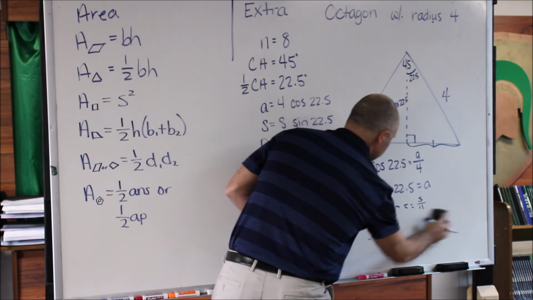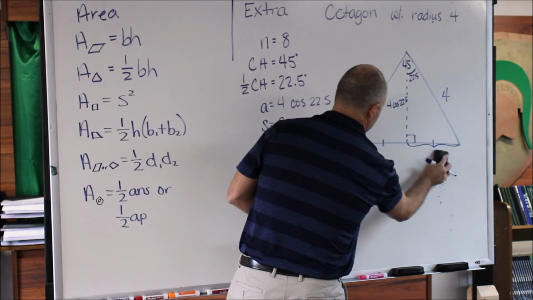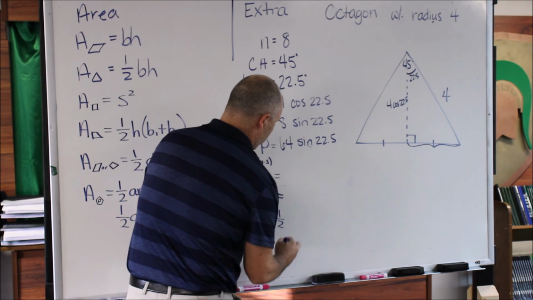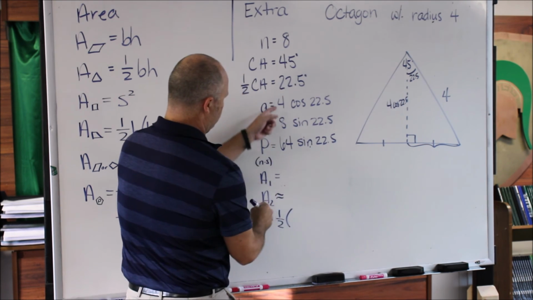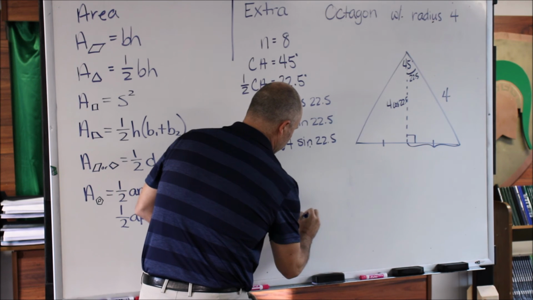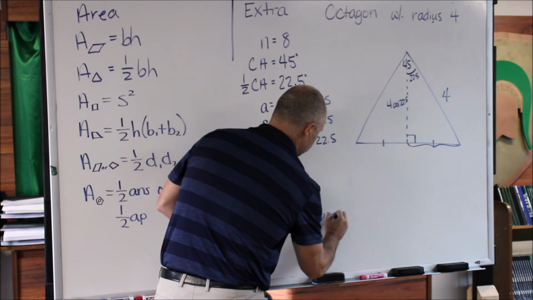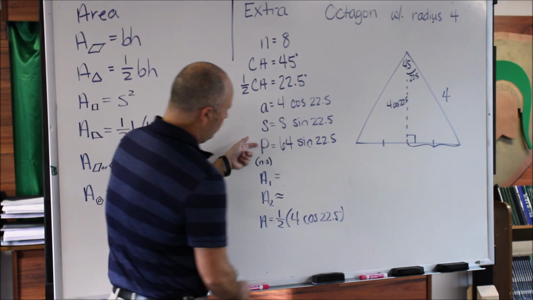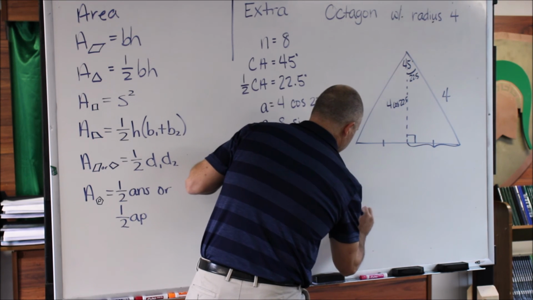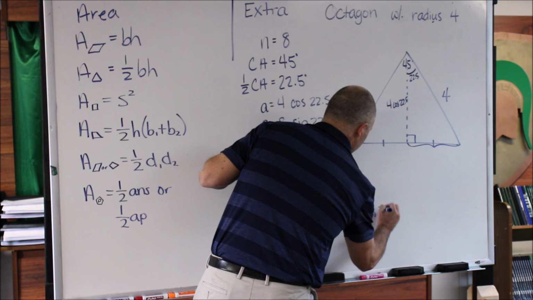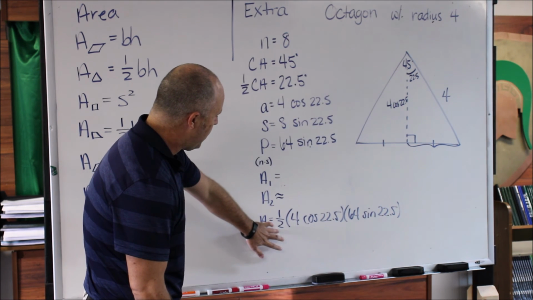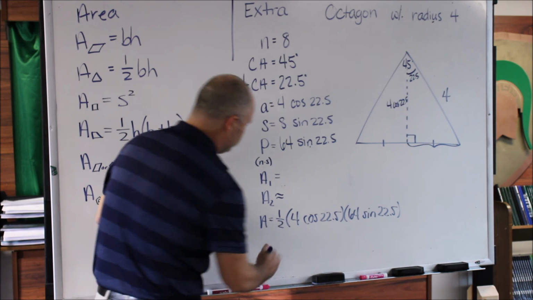And I'm going to need more room, so I'm going to erase this. So 1/2 times the apothem, which is 4 cosine of 22.5, times the perimeter, which is 64 sine of 22.5. Then I can combine this together. 1/2 of 4 is 2.